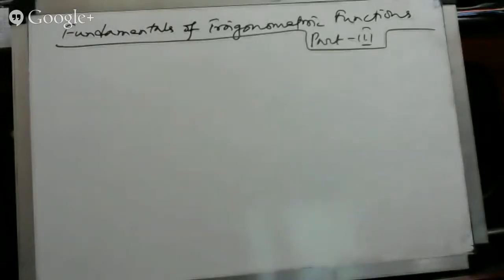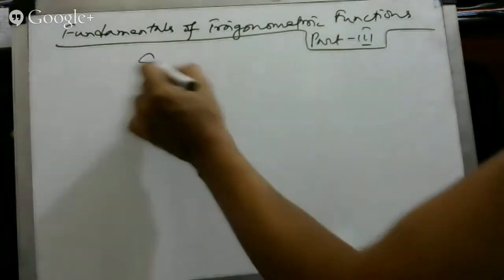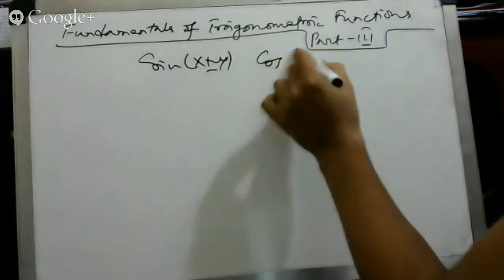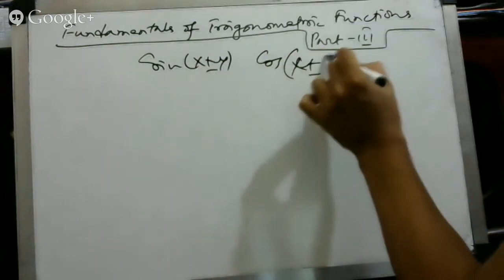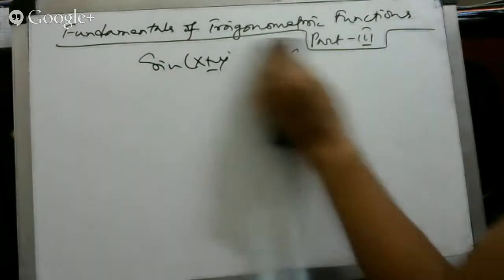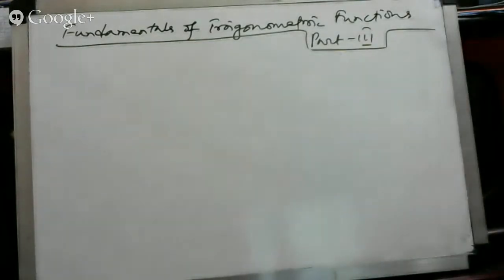Till now we have covered sin of x plus or minus y and cos of x plus or minus y in the previous sessions. So now let's go through the other identities and the proof of that.